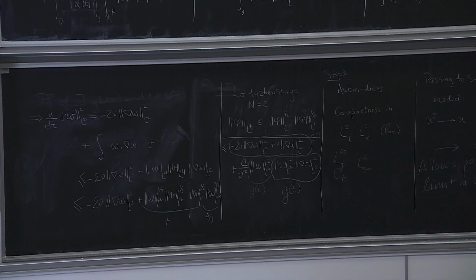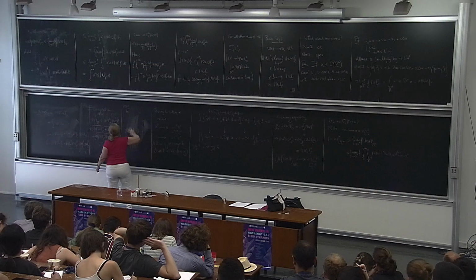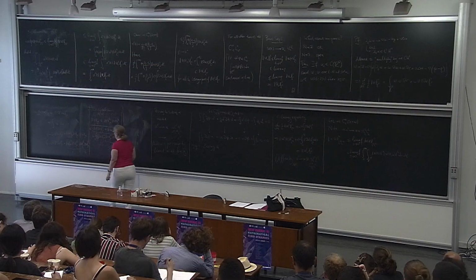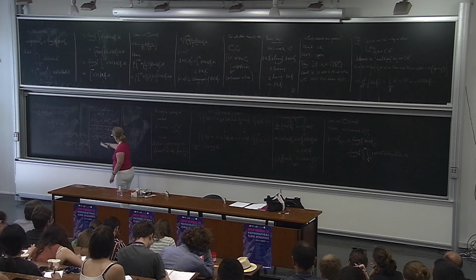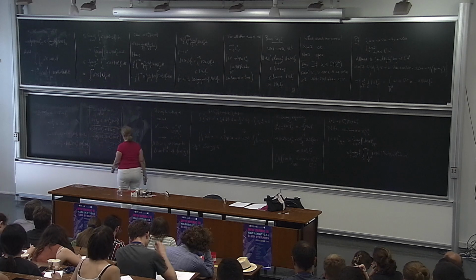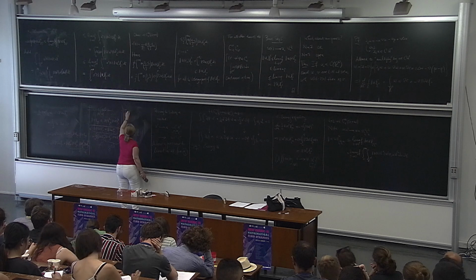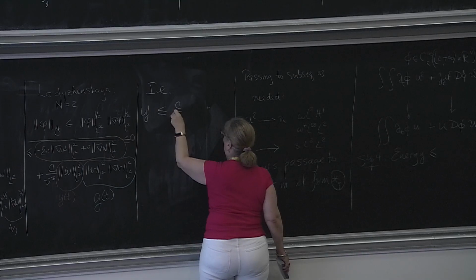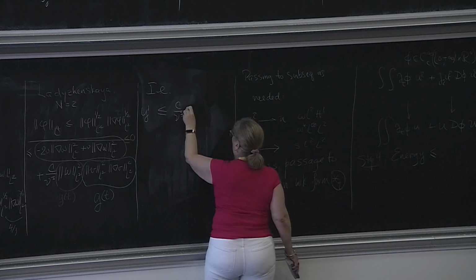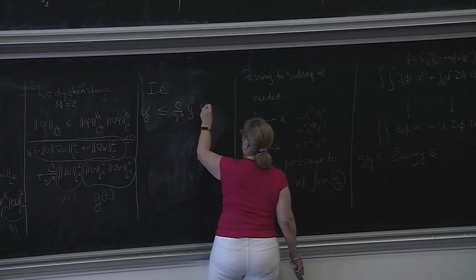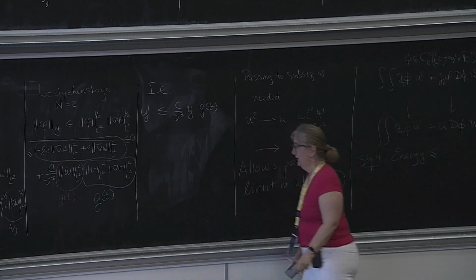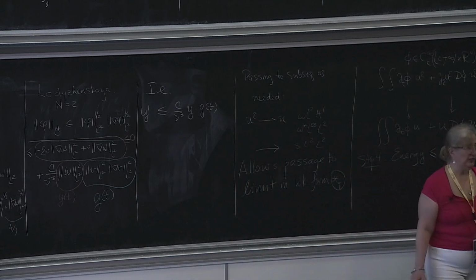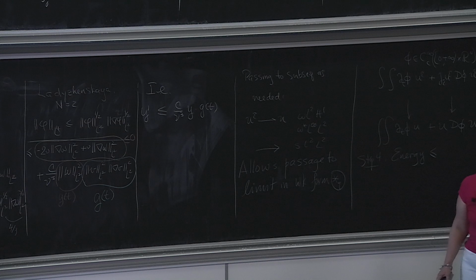So with this notation, I have an ODE for the L2 norm of W squared, which says that Y prime is less than or equal to some constant Y times G of t. Now, the interesting fact about G is that it's integrable in time.